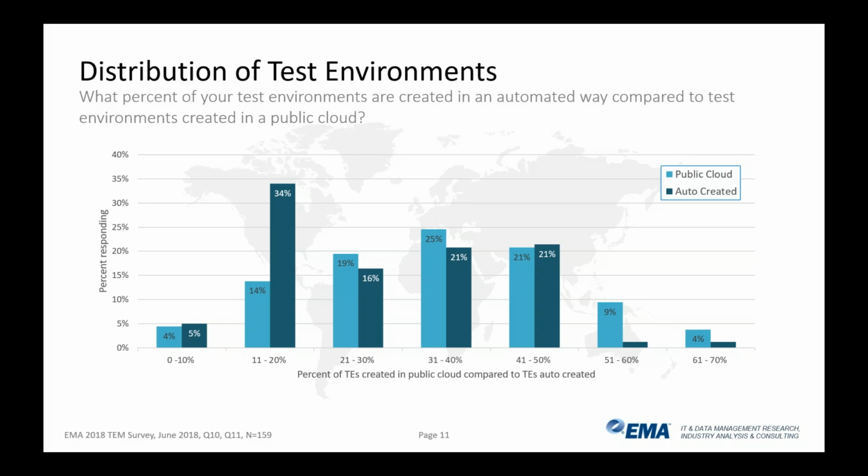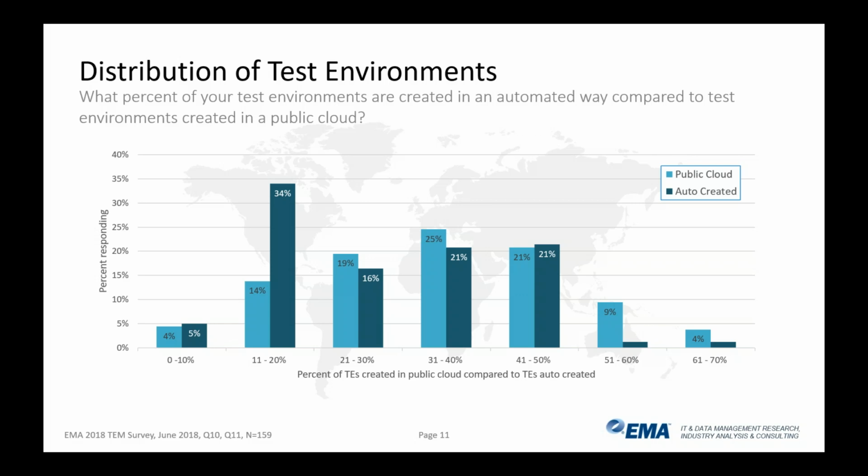Now, we had a separate question that we asked, which is, what percent of your test environments are created in an automated way? And this also yielded surprisingly low levels of automation, with more than half of the sample auto-creating up to just 30% of their test environments. So, in both cases here, there really is room for improving the automation and the management of test environments. We're early in the life cycle, I guess, of test environment management. And I think that's one of the reasons why we're putting some visibility around this right now.